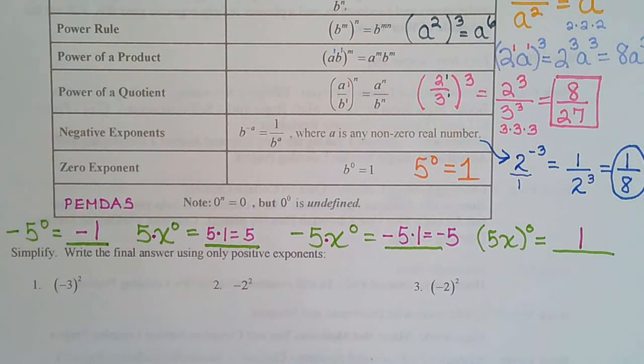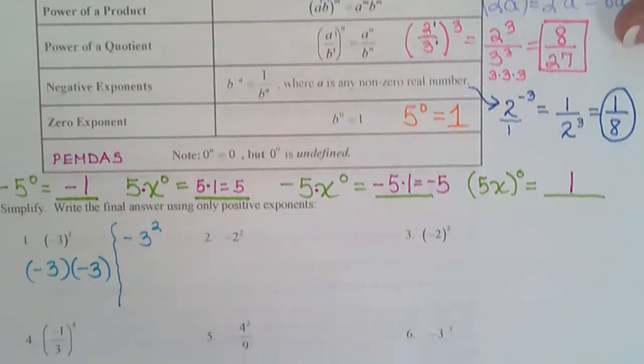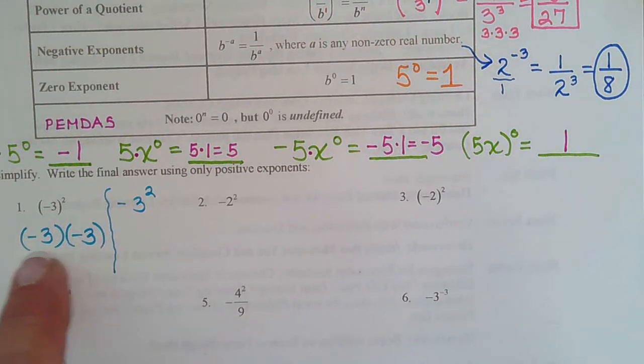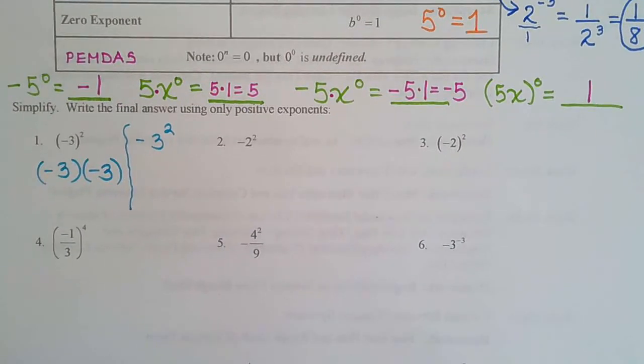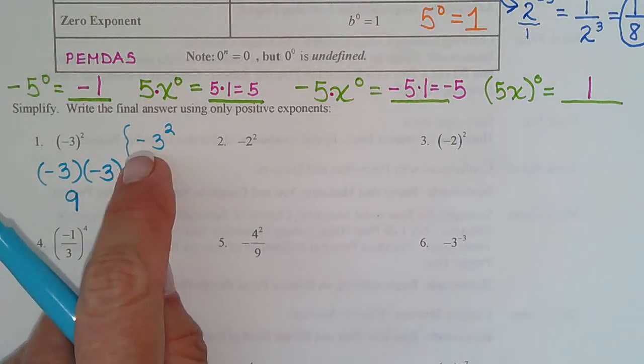Okay, so we have a couple minutes here, so let's go ahead and do a couple of these. So this means use this base twice. And I would write out what it means as well as the answer, because a lot of students don't know the difference between this and this. And we'll do both of them so you can see the difference. So this one means use negative 3 twice. Negative 3 times negative 3, 2 negatives equal a positive 9. But this is like this one.